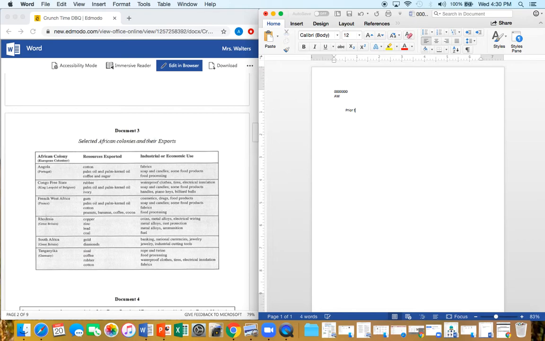Prior to the 1800s, the world was beginning to evolve into one of developed and developing nations based on the Industrial Revolution.